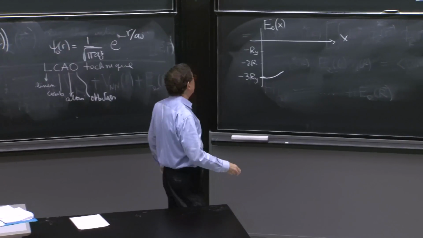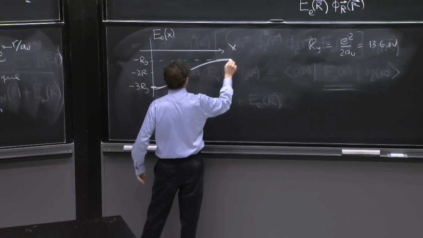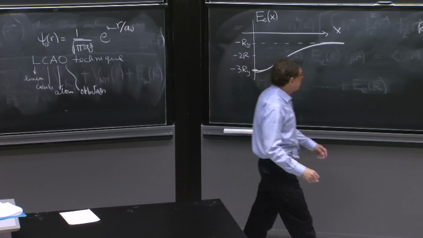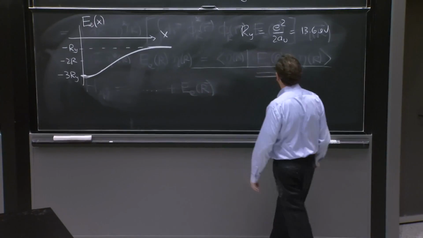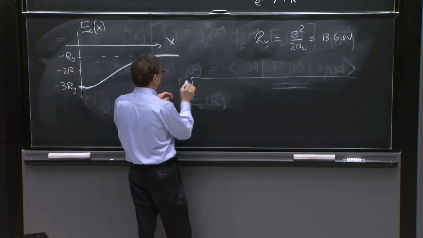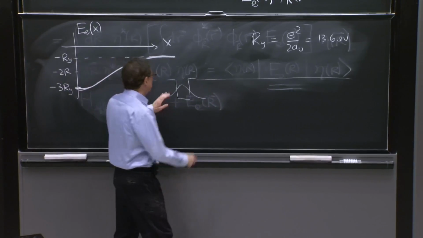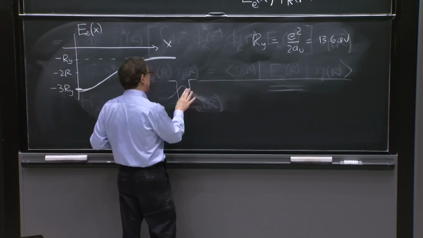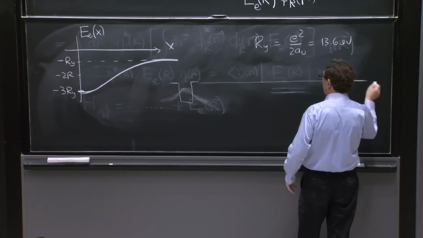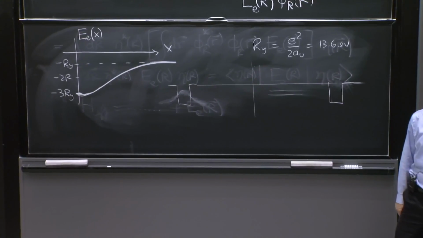Let's make the analogy. The right answer is, it actually stops here. You remember this problem that you've solved many times probably. Suppose you have a square well, and you have a wave function that is like that. Now, if you have two square wells like that, and you ask, what is the ground state energy?